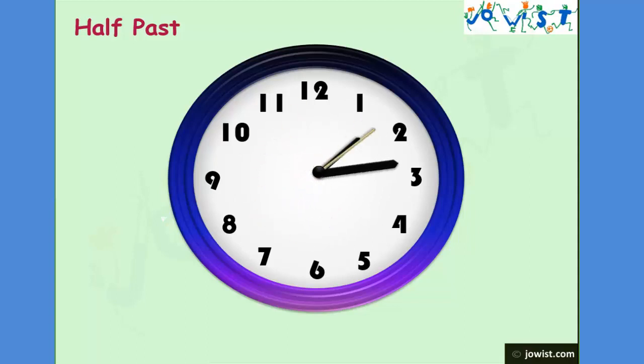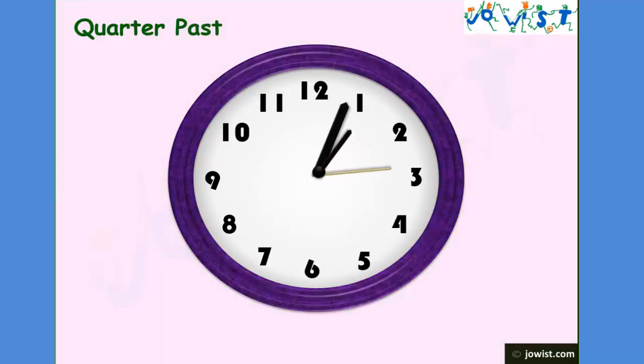When the minute hand has completed half of the round, it is called half past of that hour. Here, the time depicted by this clock is 1:30. When the minute hand completes 1/4 of the distance, it is 1/4 of that number.